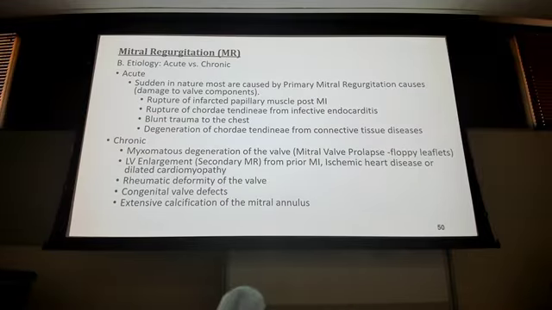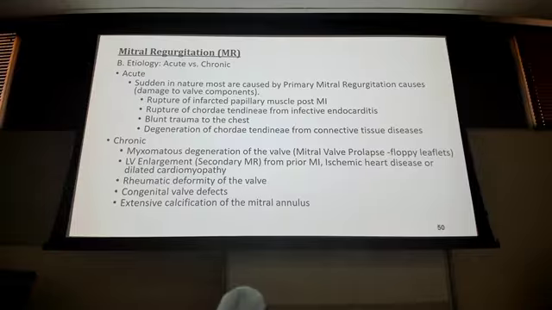When we look at the pathophysiology, or the pathophysiologic effects of regurgitation, we have to also consider acute problems and chronic problems. The difference between the two is whether or not the heart has the opportunity to develop compensatory mechanisms to deal with those physiologic changes, okay?